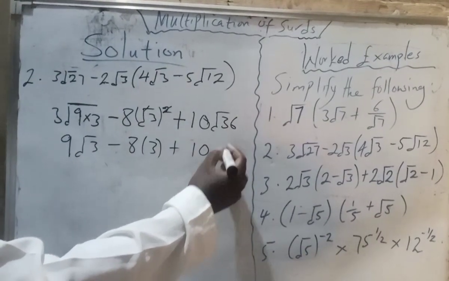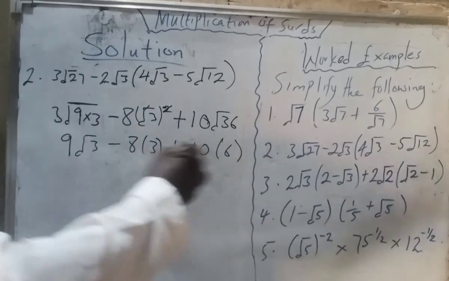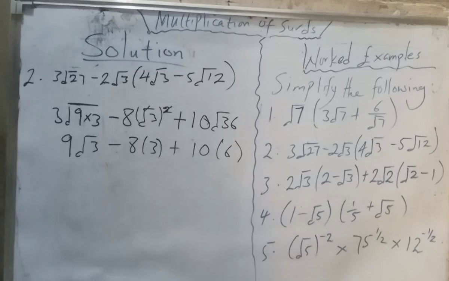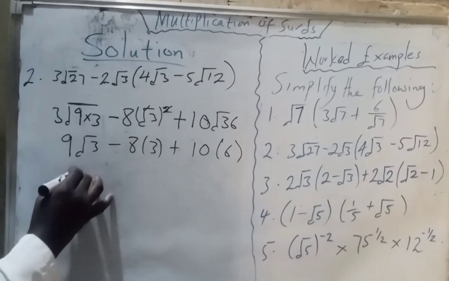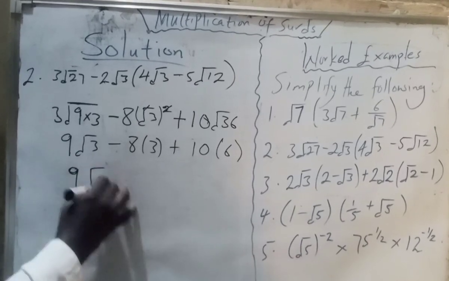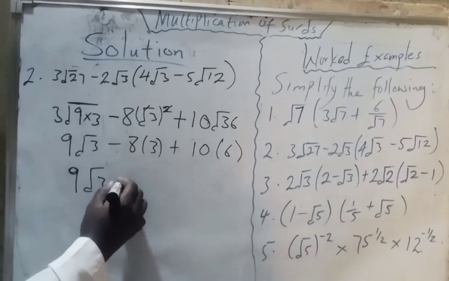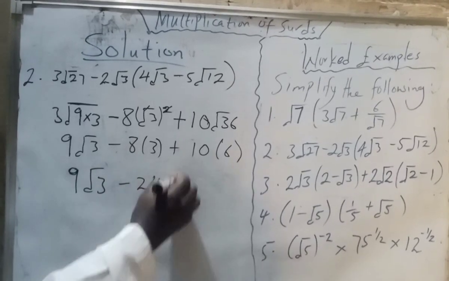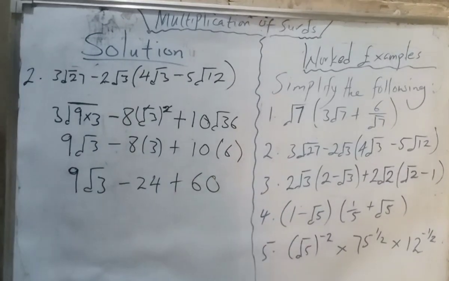And root 36 will give us 6, because 6 times 6 will give us 36. So we can further simplify: 8 multiplied by 3 will give us 24. So that's minus 24, plus 10 times 6 will give us 60.